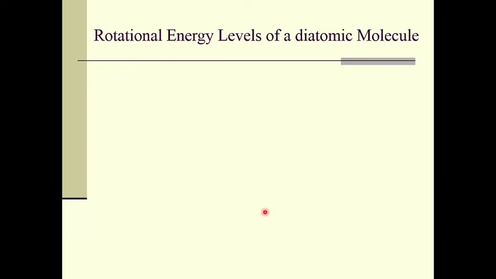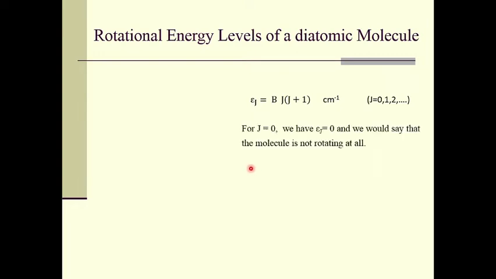So we can plot these energy levels. These energy levels are discrete, corresponding to each J value. For J is equal to 0, we have epsilon j equal to 0, and we are saying the molecule is not rotating. Let us draw the corresponding line.